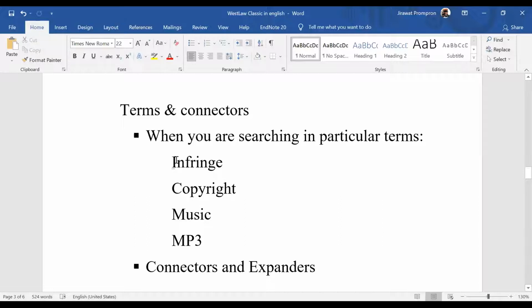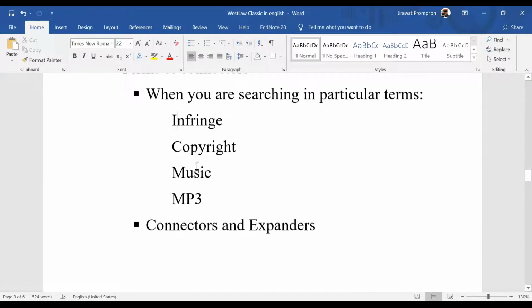But terms themselves cannot search without connectors. Just one term is okay. If you have multiple terms, I mean multiple legal terms, you cannot search without connectors. By default, when you just put a space between terms, Westlaw will connect them with or.